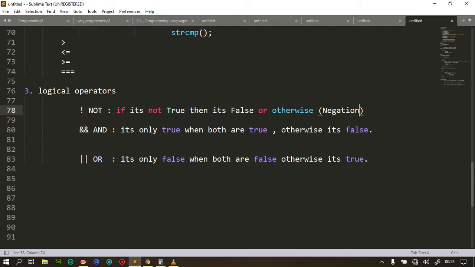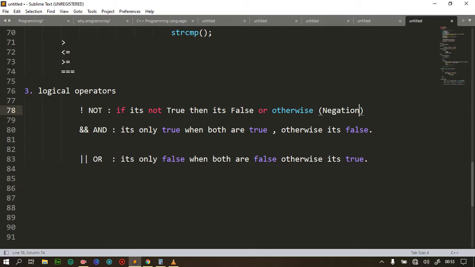Then for and, for those who have dealt with binary computations, it's only true when both are true, otherwise it's a false. So this one is known as a binary multiplication.